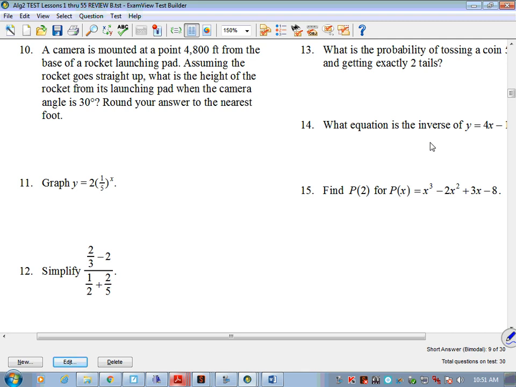Now, because this is a 30-degree angle, and assuming that the rocket's going straight up, there's a couple different ways to find this with information that you've just been given recently. So let's make our rocket. Okay, there's my rocket, not too bad if I say so myself.